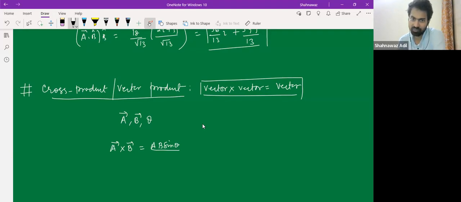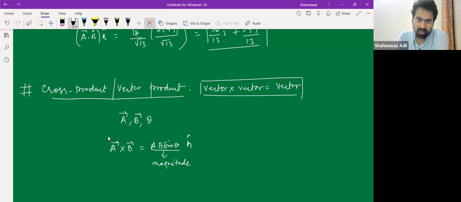So A is magnitude, B is magnitude, sine theta is a ratio. All these three are just numbers, so this part only tells about the magnitude. This is only the scalar part. Understood? And the direction part is represented by this n.